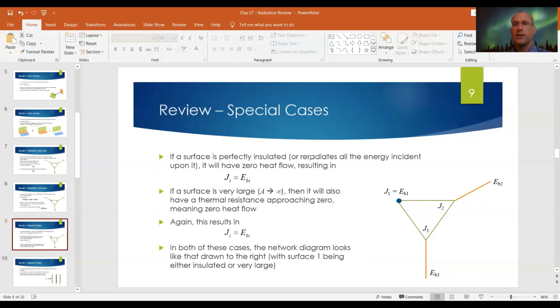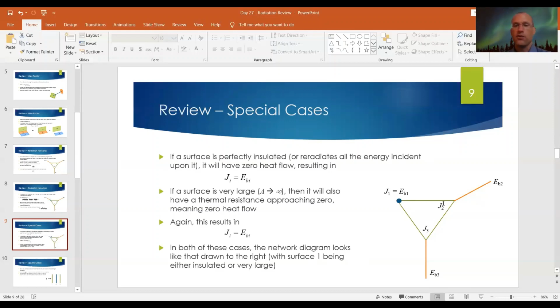If it's insulated, basically nothing's being absorbed. If nothing's being absorbed, then there's 0 resistance between the EB and the J. So if there's 0 resistance, that means that J1 equals EB1. If I know the temperature T1, sigma times T1 to the 4th is EB1, and that's equal to J1. So that is my first unknown.